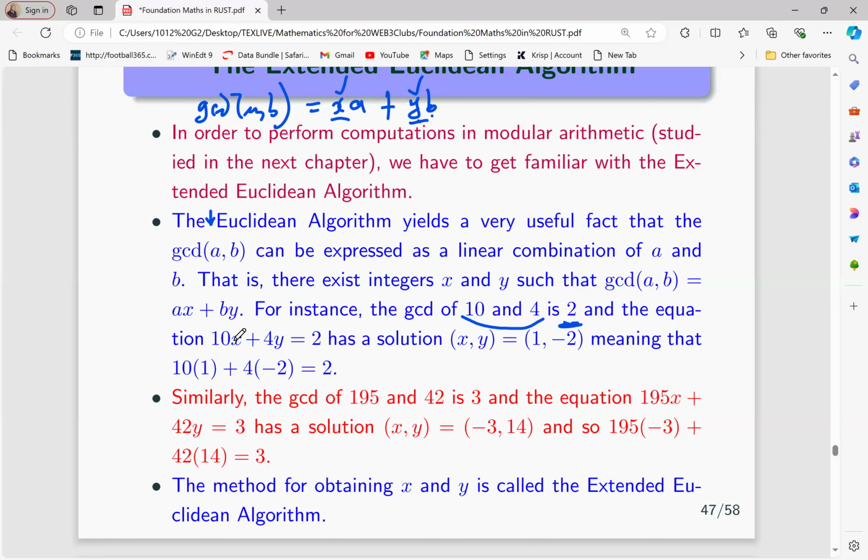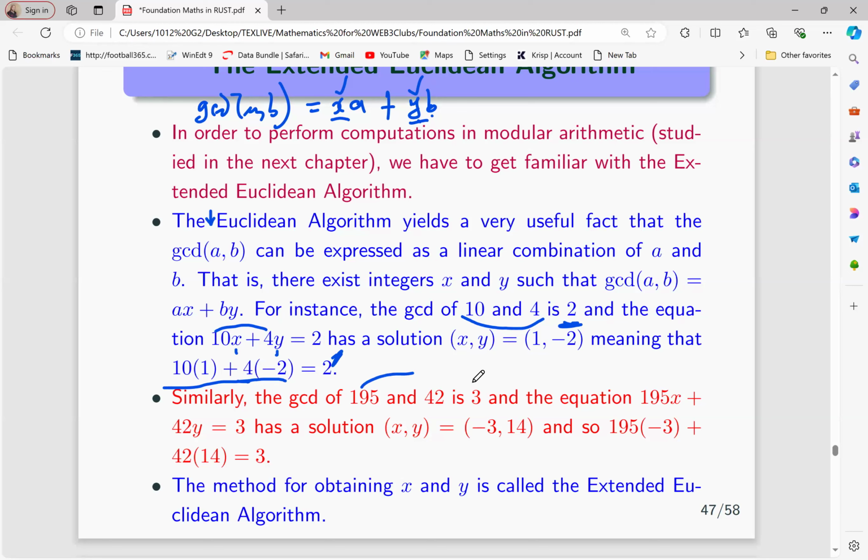So when you do that, you'll find that X is 1 and Y is -2, which means that the GCD can be written in terms of 4 and 10 this way. This is what this algorithm does for us.